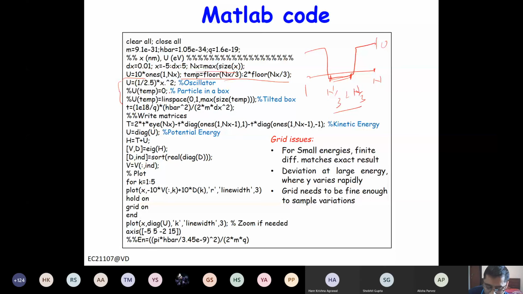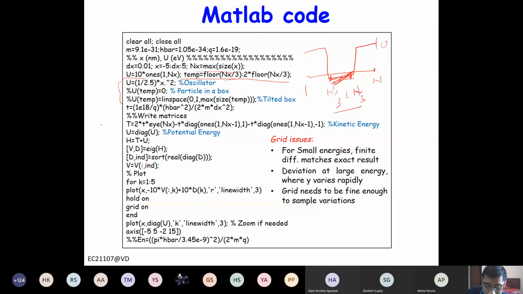So that temp means this n by 3 to 2n by 3. So that becomes 0. And if I would use a tilted box, then I will use the third one. So this is basically varying from 0 to 1 and the maximum size of the temp, right? So this is basically varying from 0 to 1 like this. Okay.